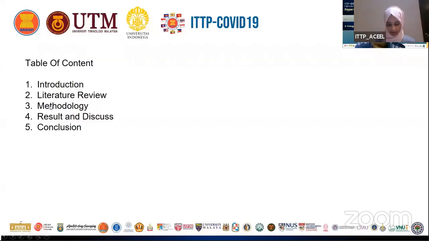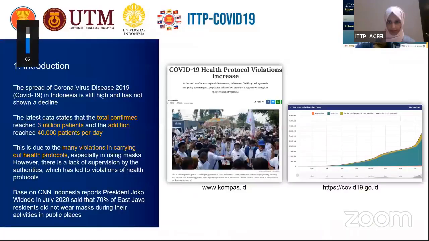Introduction. The spread of coronavirus disease, or COVID-19, in Indonesia is still high and has not seen a decline. The latest data state a total of 3 million confirmed patients and an additional 40,000 patients per day in Indonesia. It is due to many people not carrying out health protocols, especially in using masks.